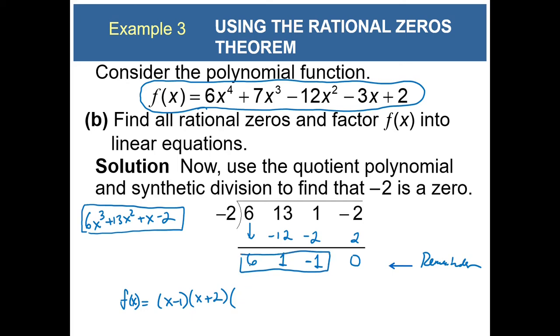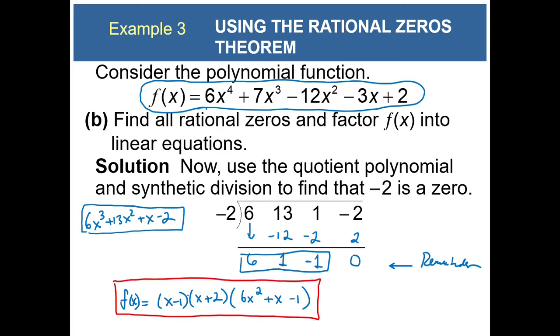Since it's 1 degree less than 6x cubed, we have this is equivalent to 6x squared plus x minus 1. So now we're almost done factoring f of x. It looks like 6x squared plus x minus 1 could be factored further.